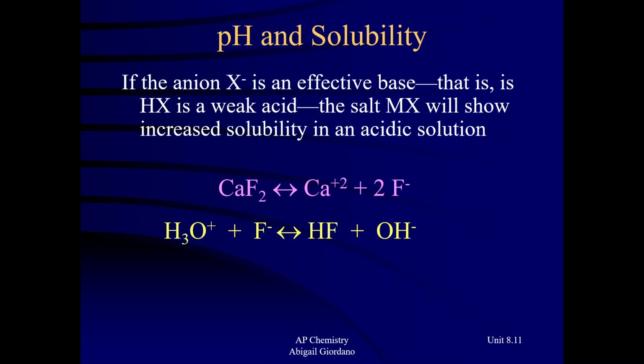And the reason it will occur is because we know that HF is a weak acid. Remember, weak acids are more likely to be found bonded together than in their ionized form. So this reaction will occur.